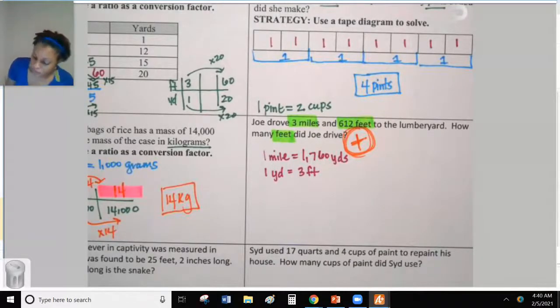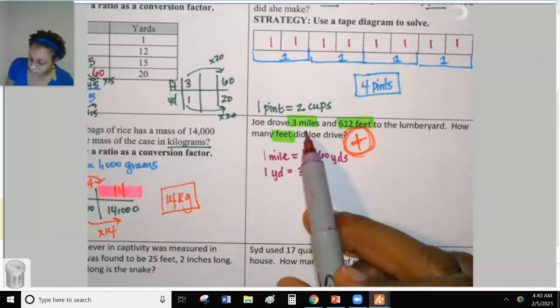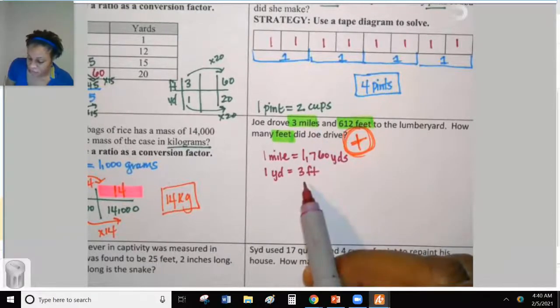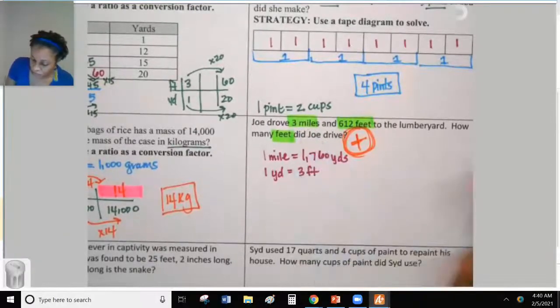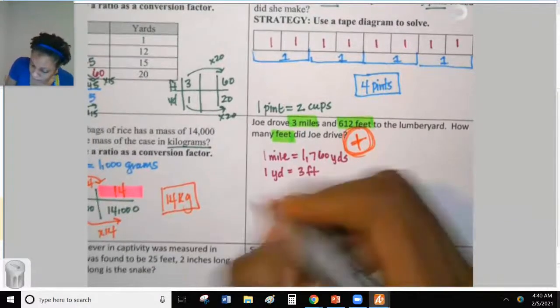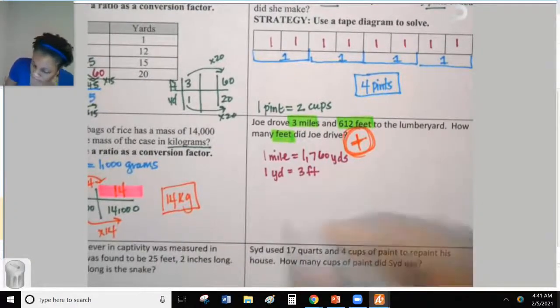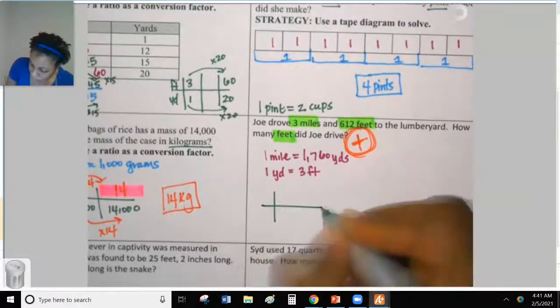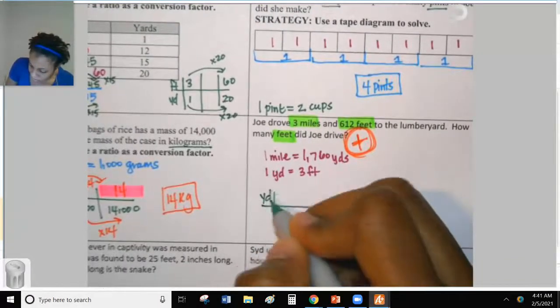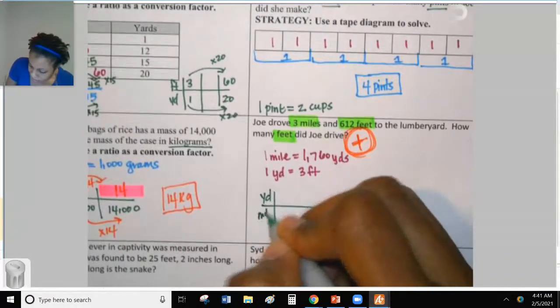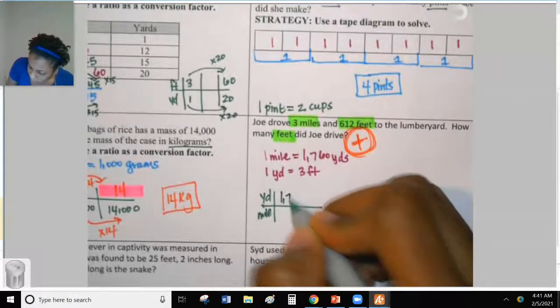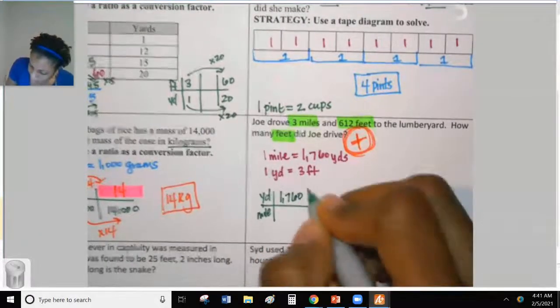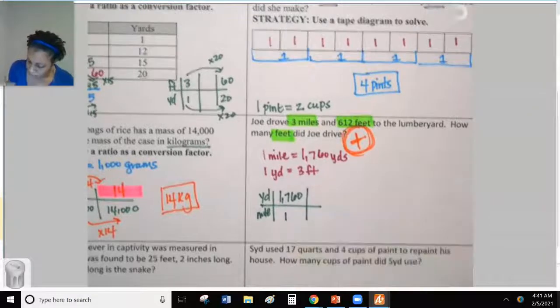Okay, so I'm starting with 3 miles and I need to convert that to feet. So I'm going to go from miles to yards. Remember, I said I like to put what I want on top. So in my first chart, I'm going to put yards on top and miles on the bottom. So 1,760 will be on top and 1 mile will be on the bottom.